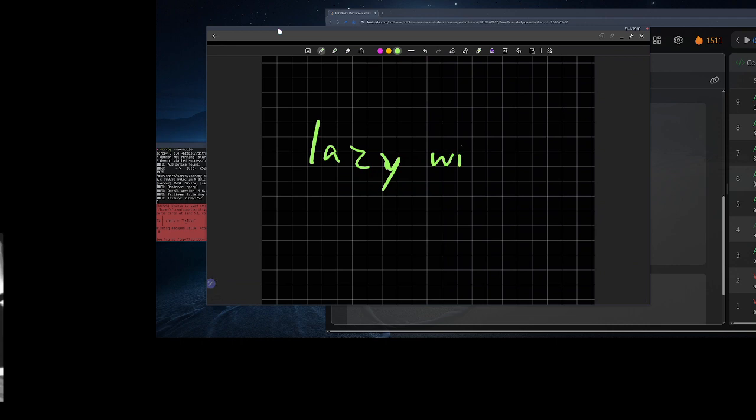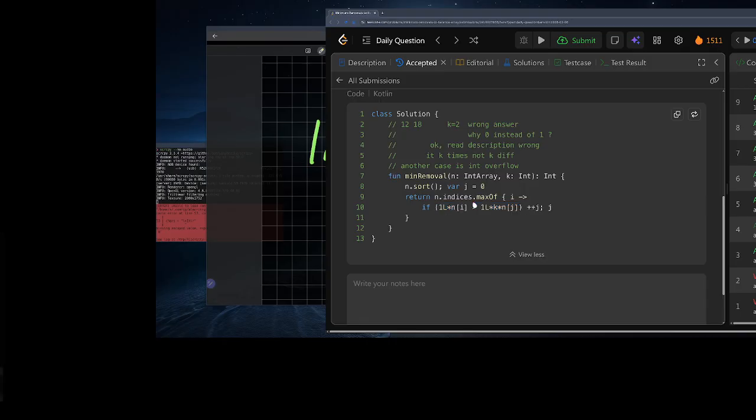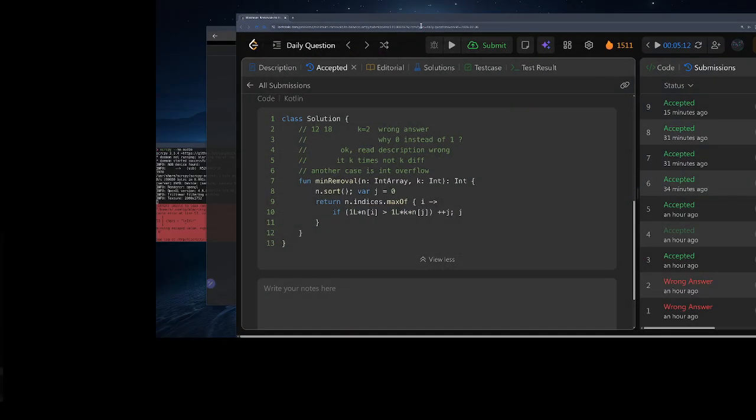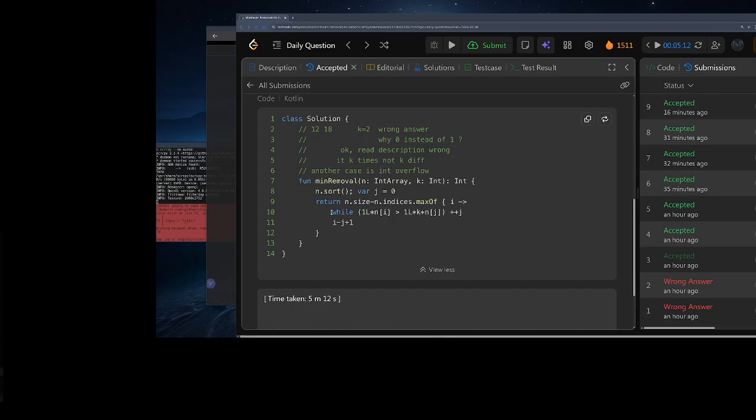Lazy window, and we have j and i, and this part is almost the same as it was before, but suddenly, instead of while, we're using if, and instead of finding the maximum of i minus j plus 1, we're using just the maximum of j.